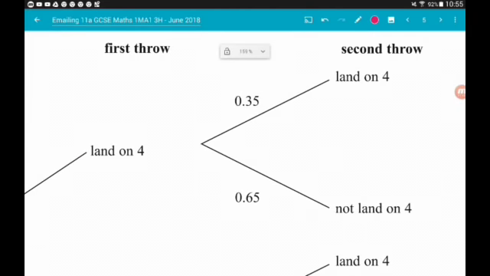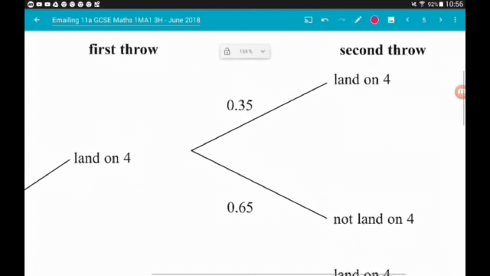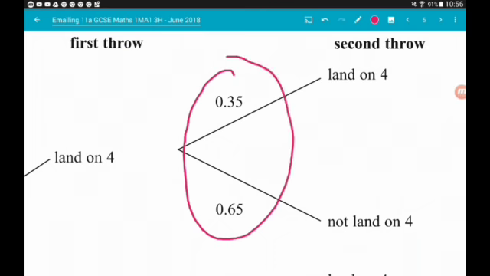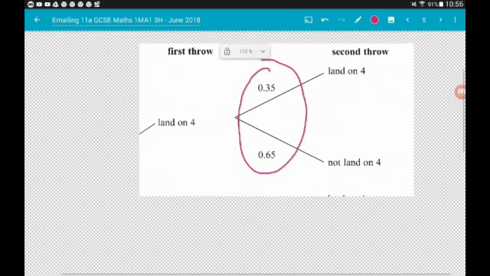Okay, let's look up on the top branch of the second throw. So what he's done here is now set the chance of landing on a 4 is 0.35 and the probability of not landing on a 4 is 0.65. So this is wrong too.